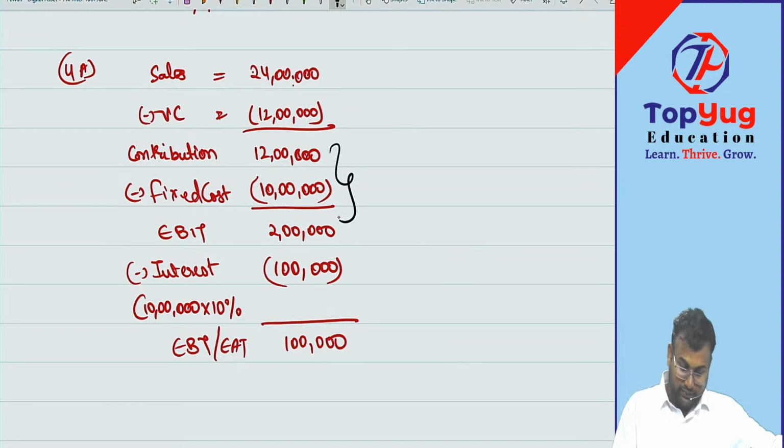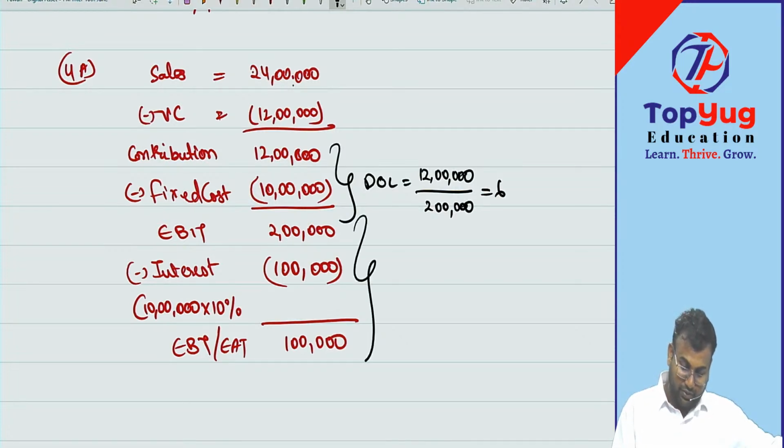First answer, DOL: 12 lakhs divided by 2 lakhs. Make sure you write the formula in your books. DFL, that is 2 lakhs divided by 1 lakh.